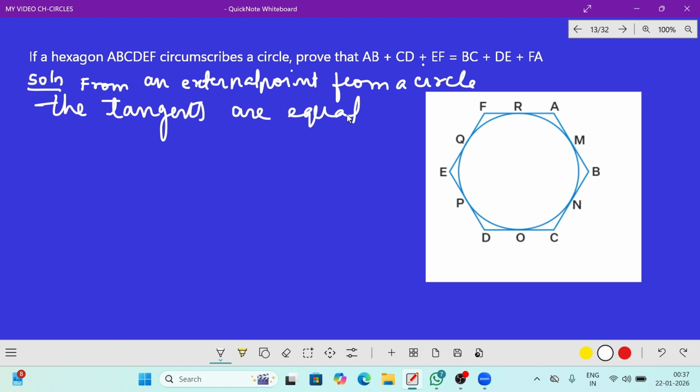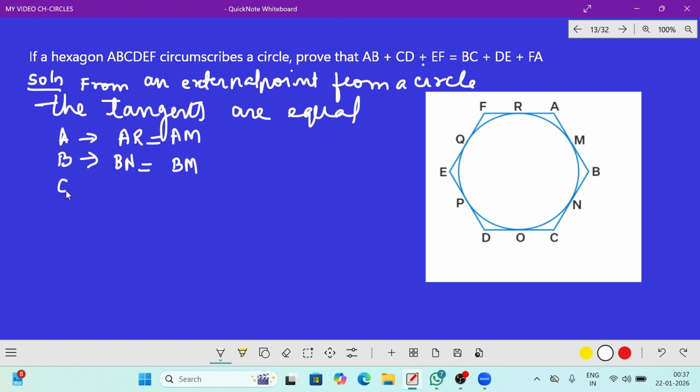So based on this, we are going to write the solution. We'll start from the point A. From the point A, we have AR is equal to AM. From the point B, we have BM is equal to BN. So where AM is there, I will write BM. Here it is, BM is equal to BN.